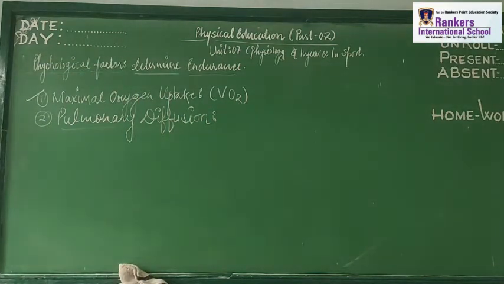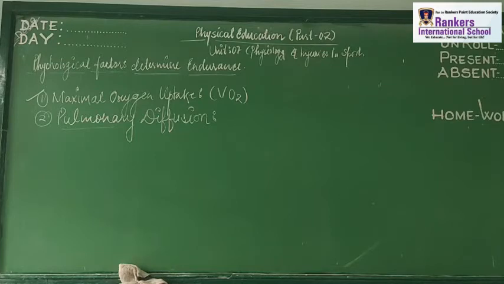What we can understand here is that pulmonary diffusion is very important. If the pulmonary diffusion is good, definitely your endurance will improve, right? So next is cardiac output.